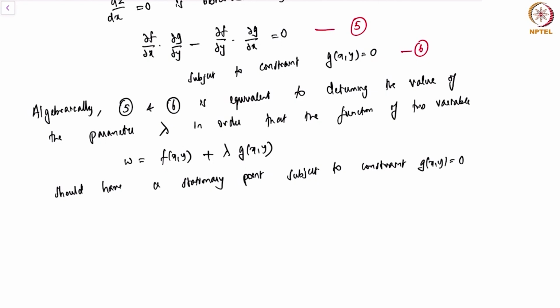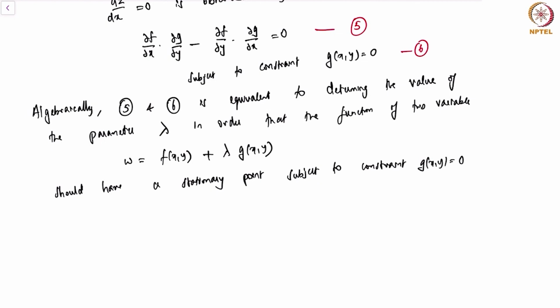We've just said this new function W is f plus lambda g. The sign is not important, it could be f minus lambda g as well. Now, why does this ensure that we will be satisfying the constraint optimization problem?